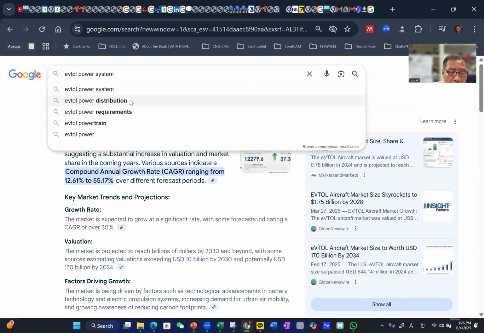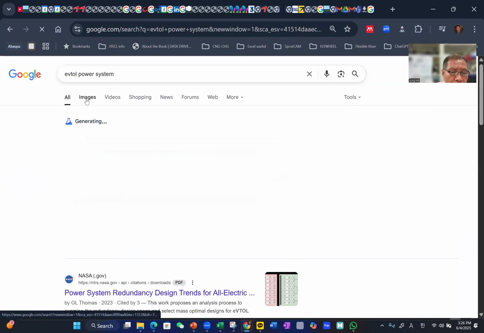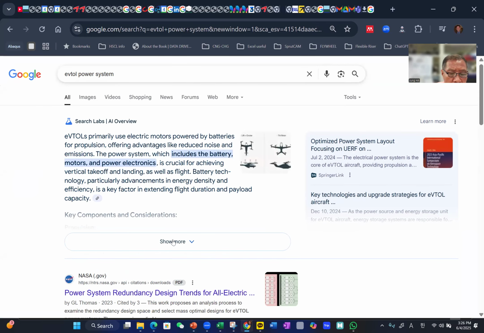And before we move to the specific assignments, we first need to consider what they are saying through internet searching. So the eVTOL power system, and let's see what they are saying.